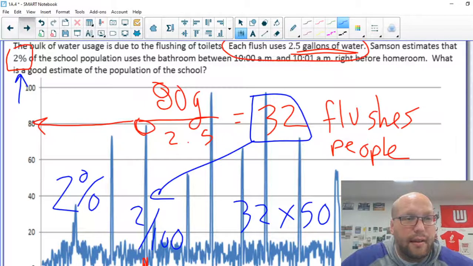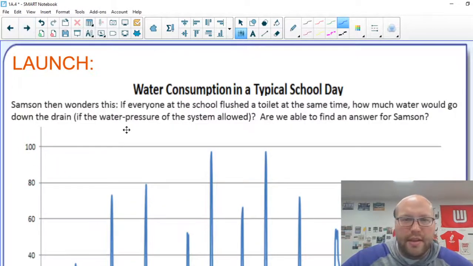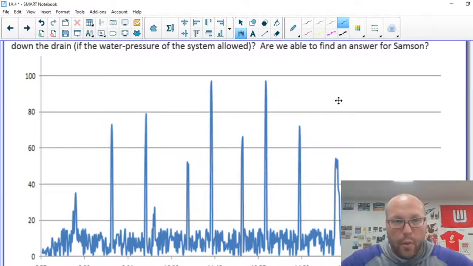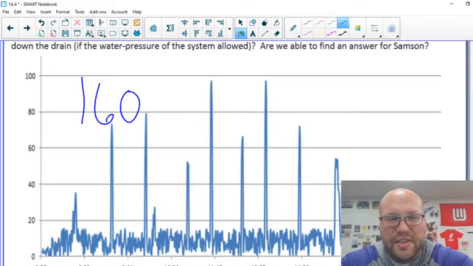The second calculation that we're going to make here is, it says if everyone at the school were to flush the toilet at the same time, how much water would go down the drain? Assuming this is even possible. If everybody flushed at once, there'd be this crazy amount of water flushing through the pipes. Well, we already figured out that the population is about 1,600 people.